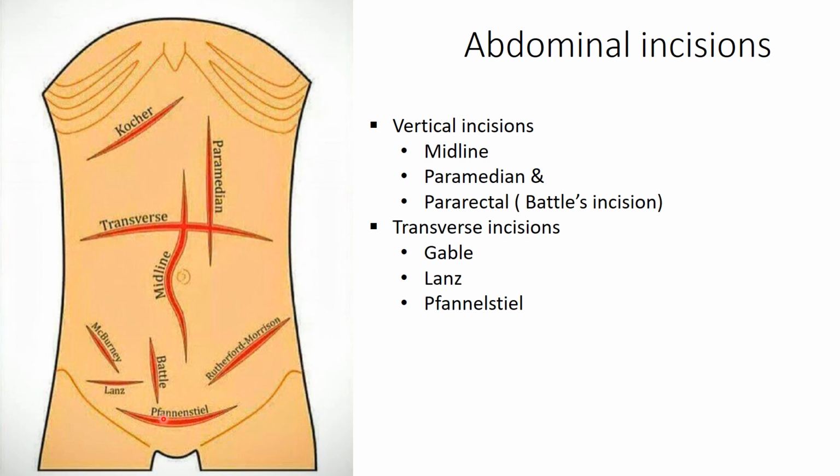Limitation: the exposure of the abdominal structures is limited and the ability to extend the incision is also limited. It is only limited up to the pelvic organs, and also there is a risk of damage to the underlying bladder.